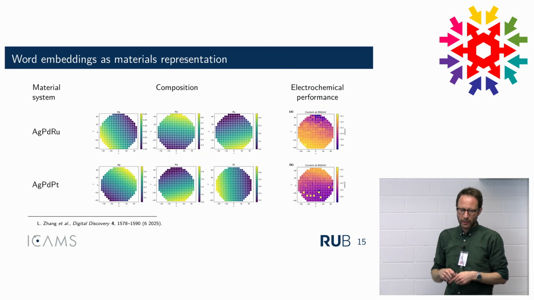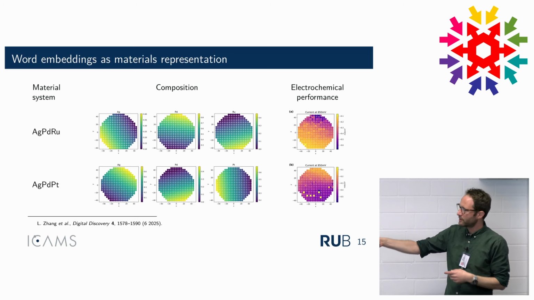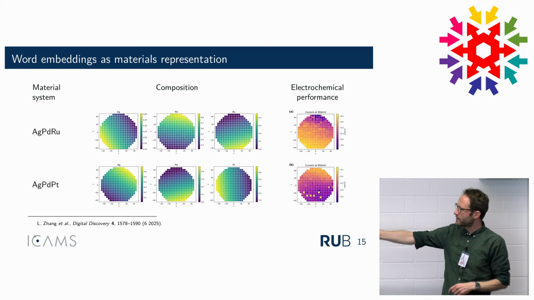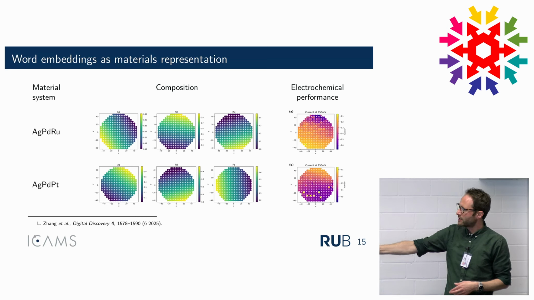One way we used that in the past is we tried to extrapolate. So imagine you have the same kind of wafer, but now only a ternary, gold, palladium, ruthenium, with these composition gradients, and you have a specific electrochemical performance. This is a current at voltage at 850 millivolts. Then you have another materials library which has gold, palladium, and platinum.